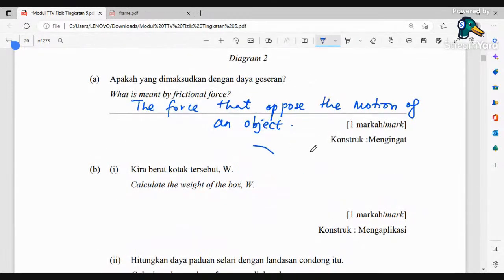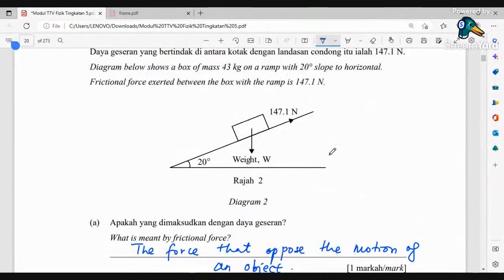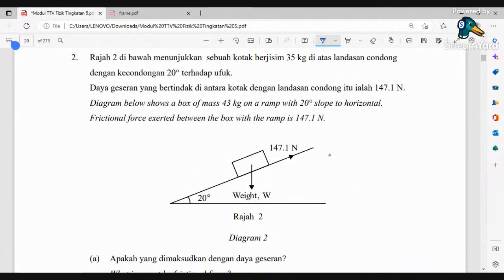Okay, calculate the weight of the box, W. The mass given is 43 kilogram.